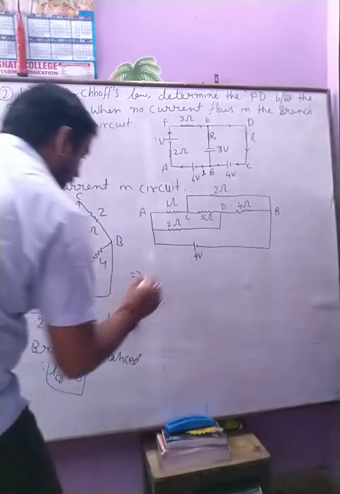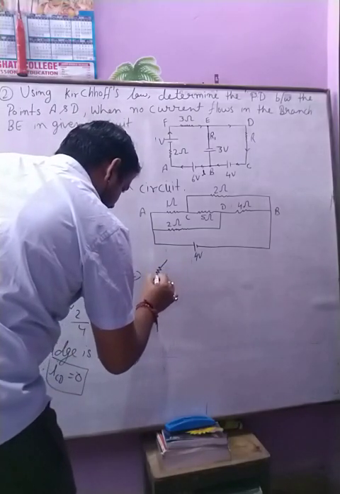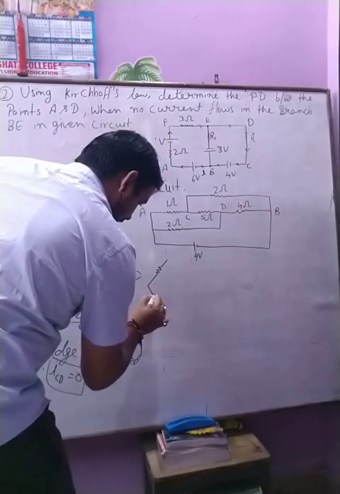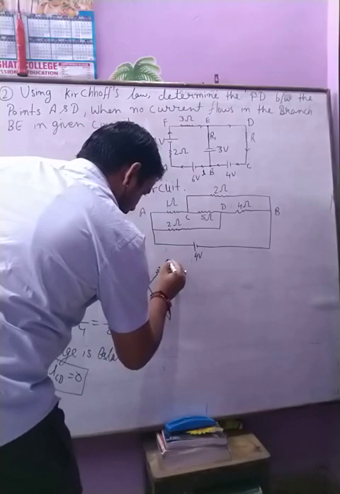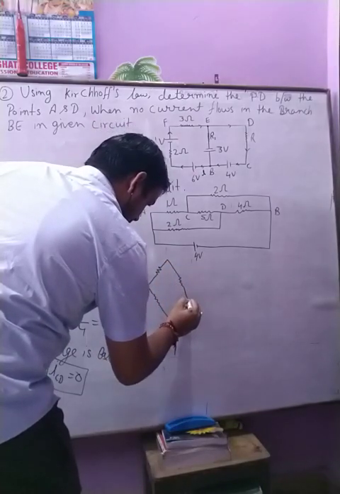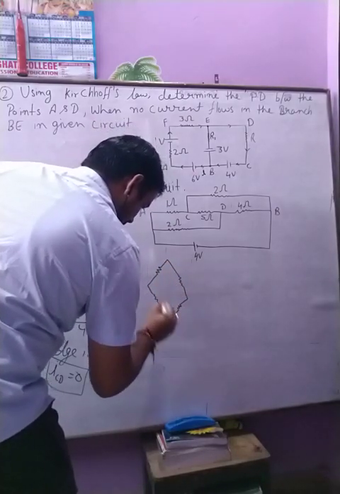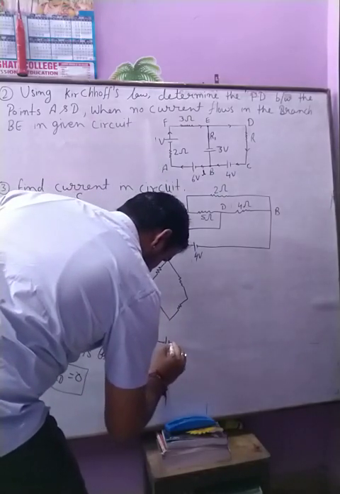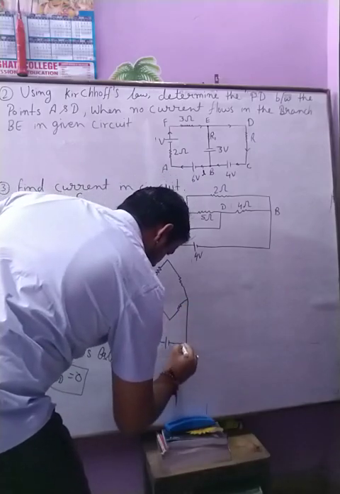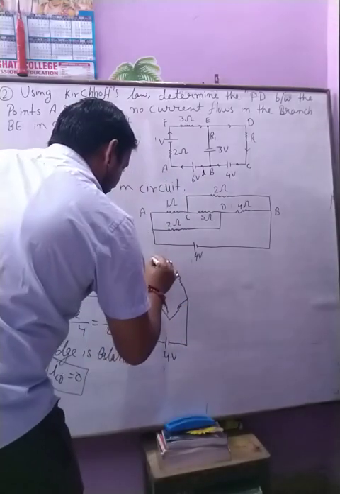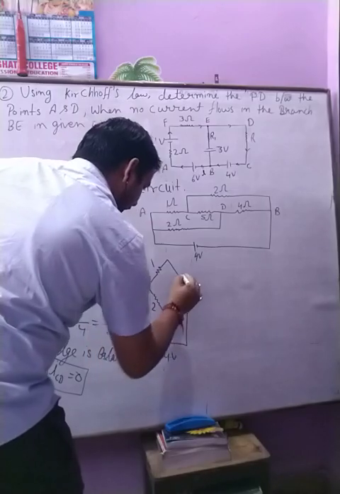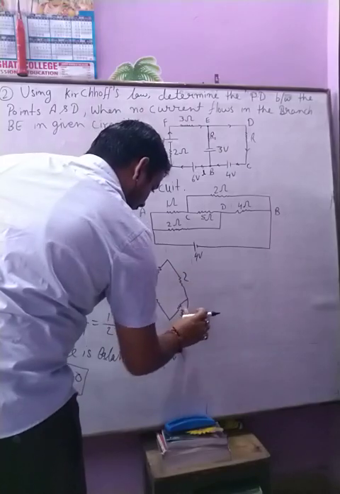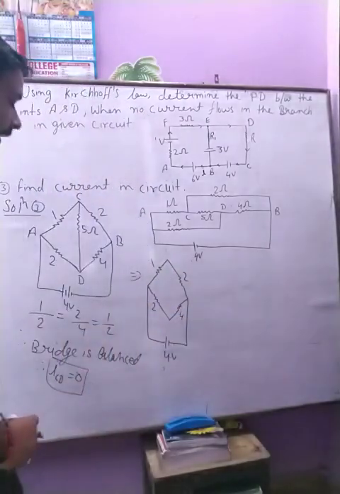So circuit is resolved to a simple circuit in which 1, 2, 2 and 4 ohm resistances are connected.